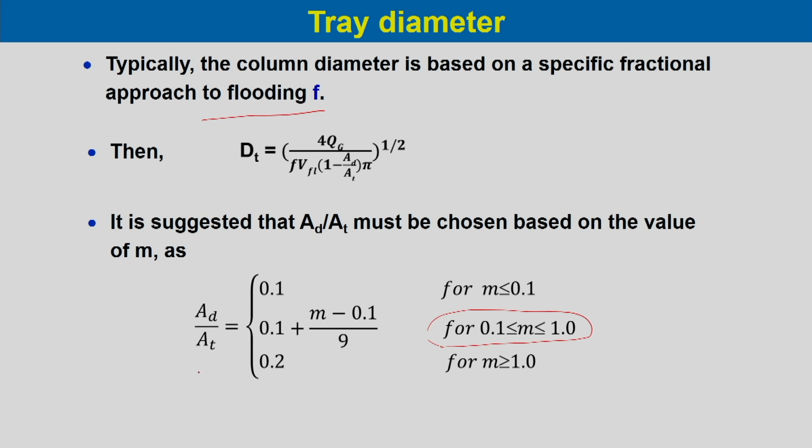We can use these values and VFL, and given particular flooding conditions with a volumetric flow rate, we can calculate the tower diameter, or column diameter.